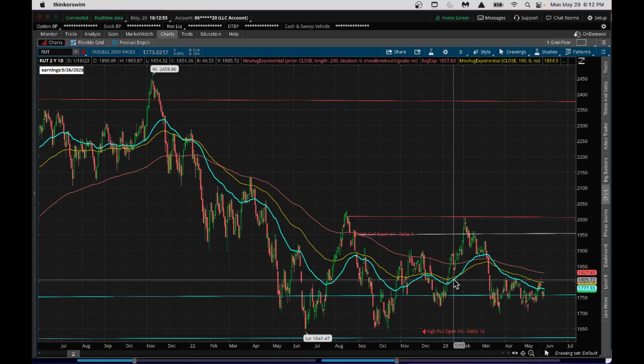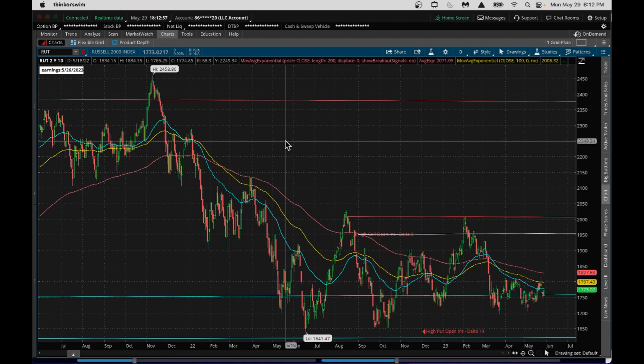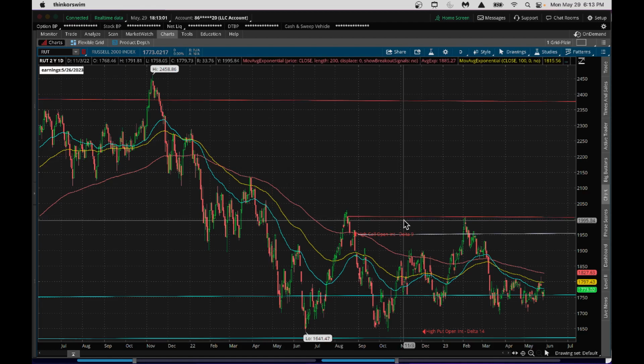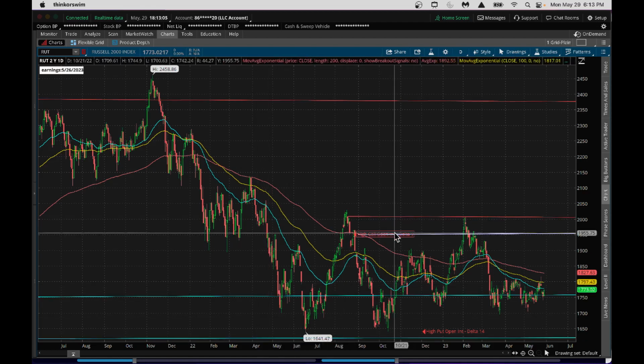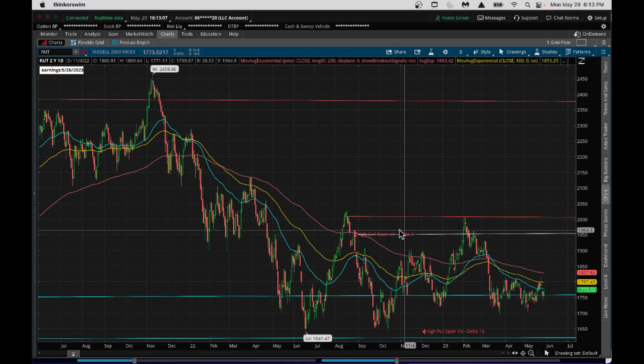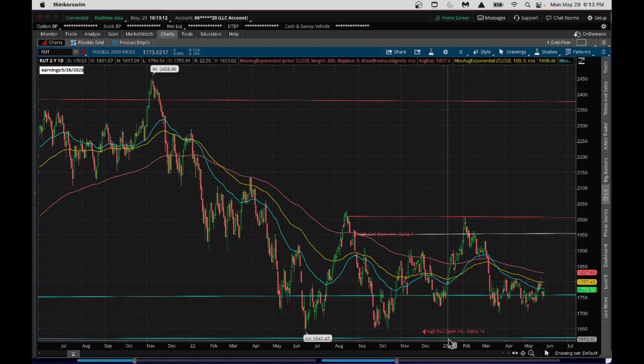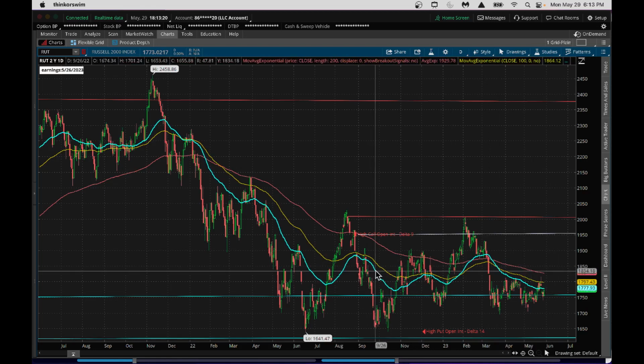As long as you draw a few levels here: I have one resistance level, one more resistance level, two support levels, and my delta 9 on the call side. This is my short strike, and I have my delta 14 on the put side. This is my short strike for the put, and I want the stock to oscillate between this range, which it has been doing for a while. That's when you make great money profitably.